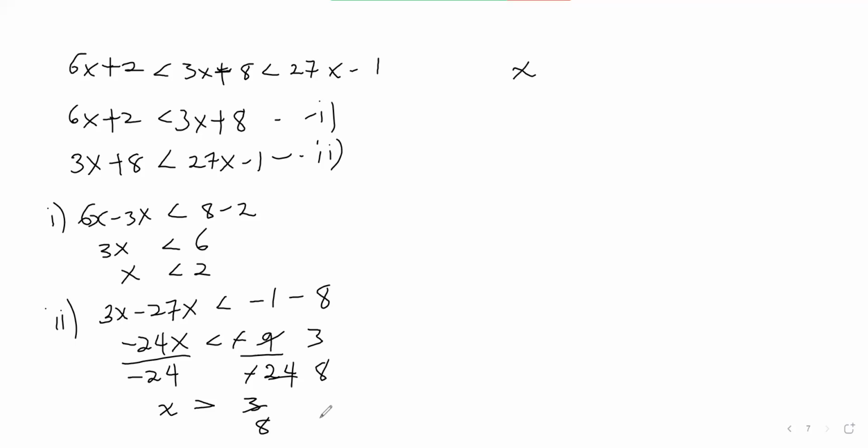You have x being greater than 3 over 8, but less than 2. 3 over 8 can be written as 0.375. 8 goes into 30 three times, you are left with 6, 8 goes into 60 seven times, we are left with 4. So this will help us plot easily.